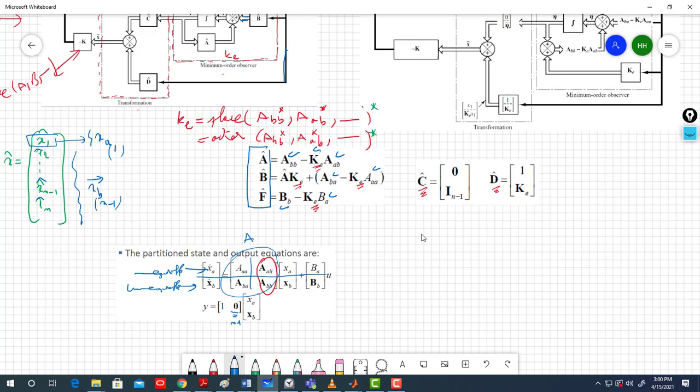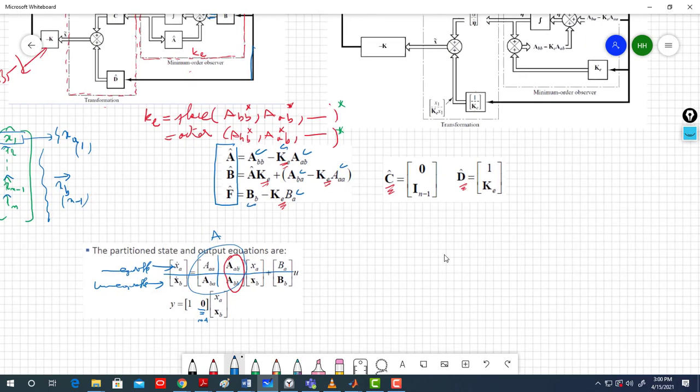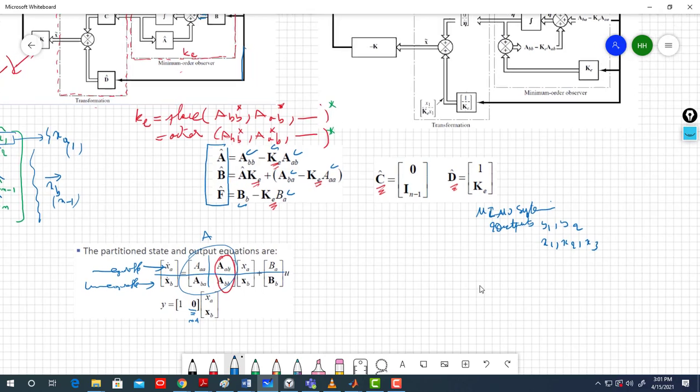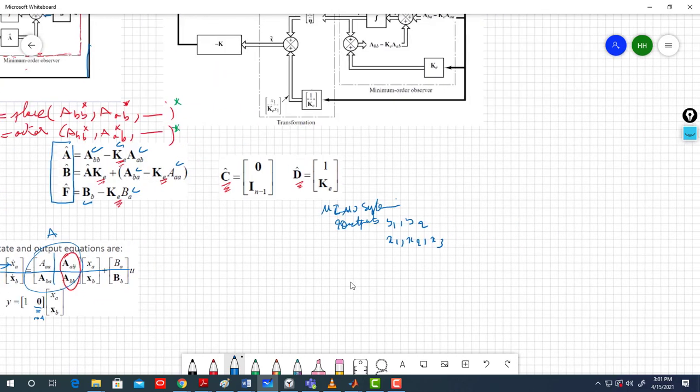Let's assume, just to have better understanding, enlarge it a bit for a MOO system. So assuming I have a MOO system, let's say I have two outputs, y1, y2, and let's say I have three unmeasurable states.